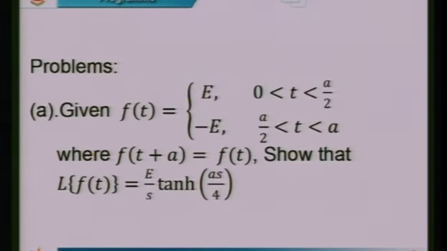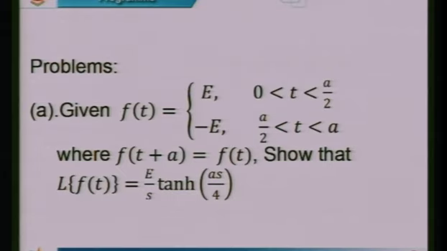Now, the first example: given f of t is equal to e, defined in the interval 0 less than t less than a by 2, and equal to minus e in a by 2 less than t less than a.